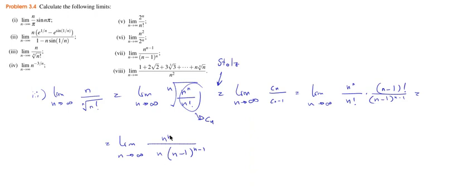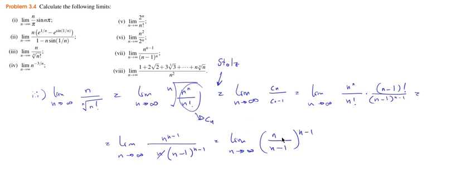But then n to the n divided by n is n to the n minus 1, right? And then we have n over n minus 1, to the n minus 1.